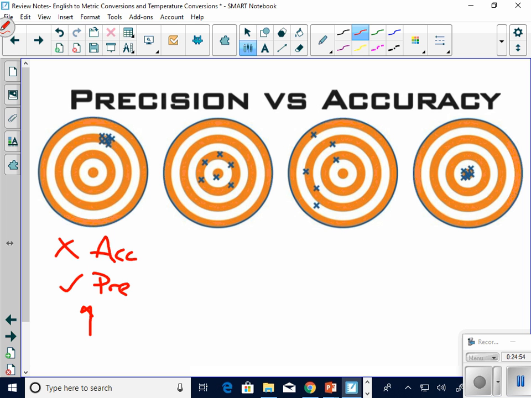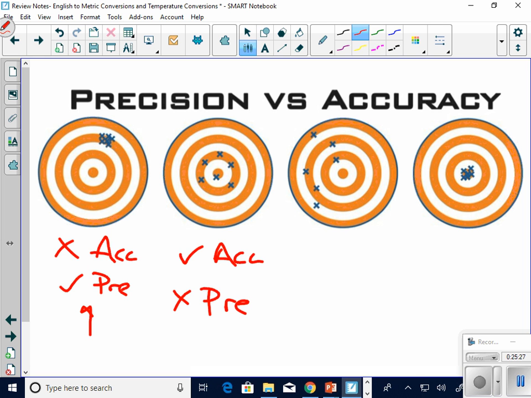Now, I look at my second one. Okay? Are they pretty close to the bull? Yeah, they're pretty close to the bull. So I'm going to say, yeah, that's pretty good accuracy. Are they grouped, though? Are they grouped together? No, they're not. So my precision is not there. That one I'm pretty accurate, but I'm not very precise. Let's look at the third bullseye.